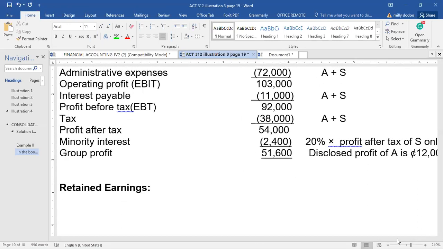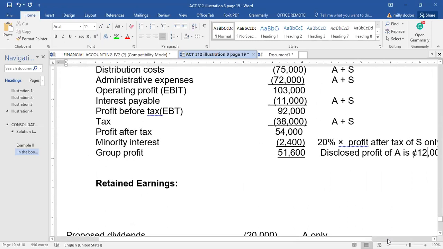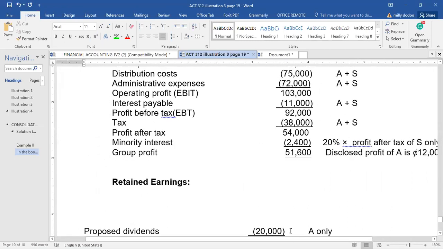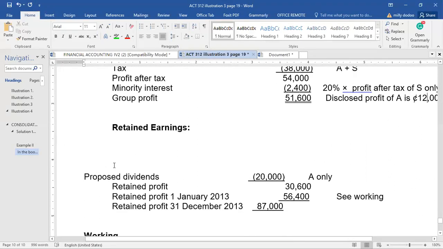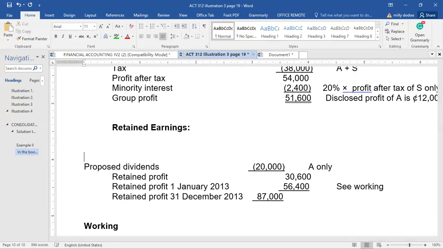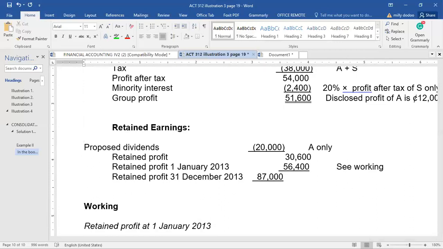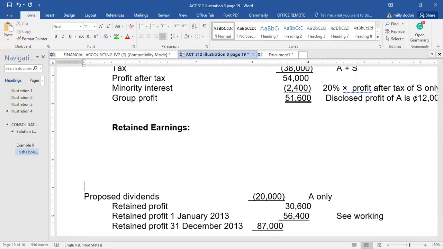And then from here, the next thing you do is to determine your retained earnings, or prepare your consolidated income surplus for the year.